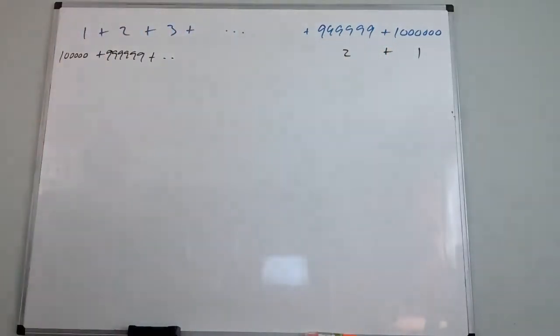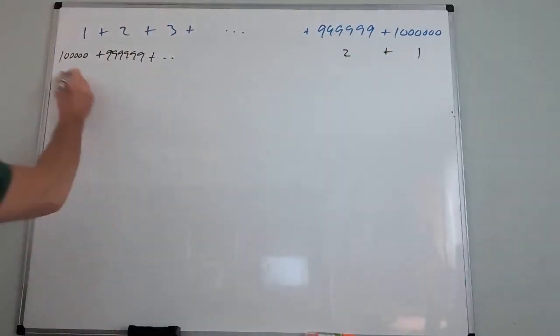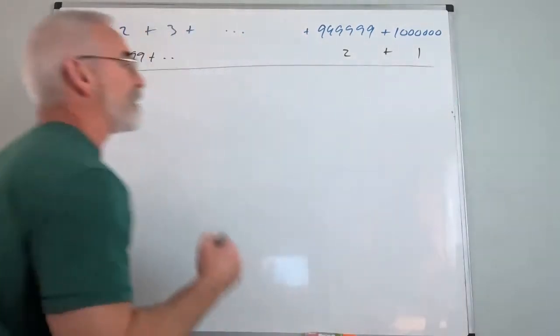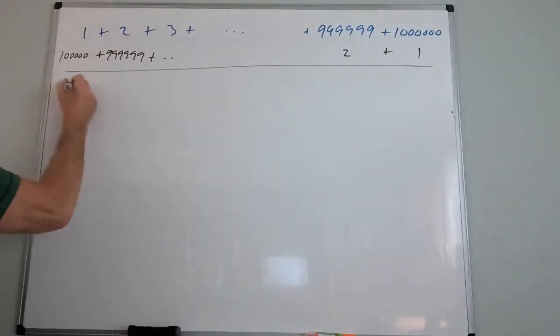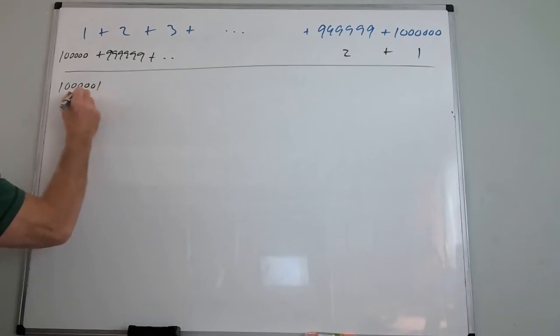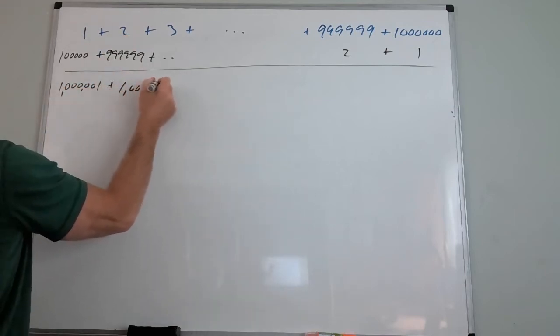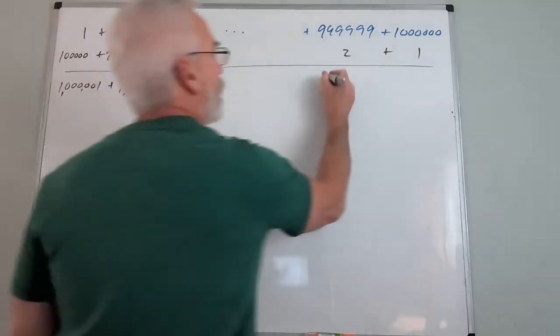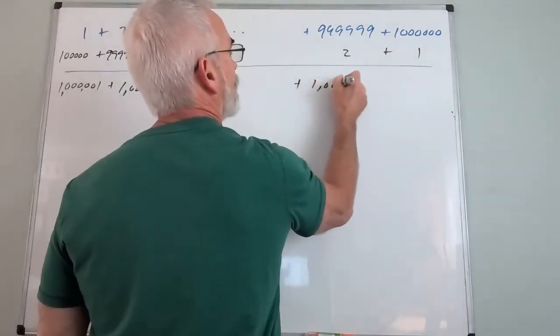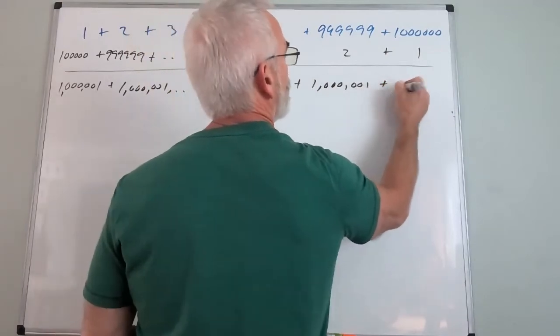If I write my numbers in reverse order, it would look like that. And then he noticed, if I add that, that's 1,000,001. And that one's 1,000,001. And that one's 1,000,001. I think you kind of see where this is going. And that one's 1,000,001.